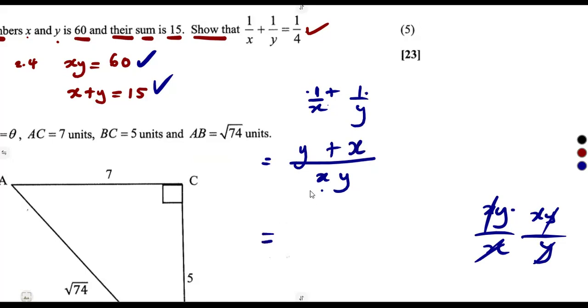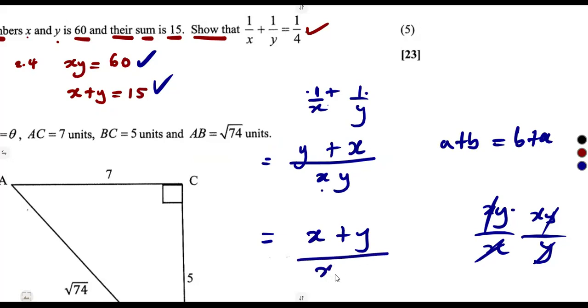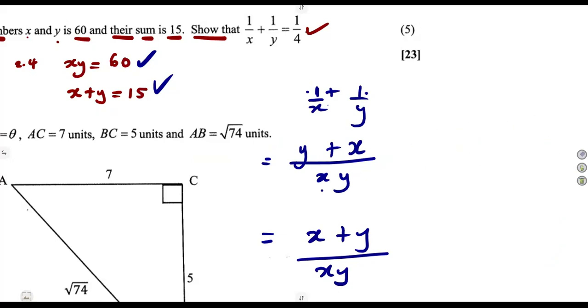So this is it, guys. As we can see, y plus x means x plus y, since a plus b is the same as b plus a, over xy. This is exactly what we needed.